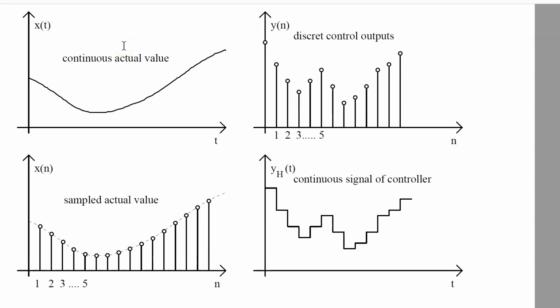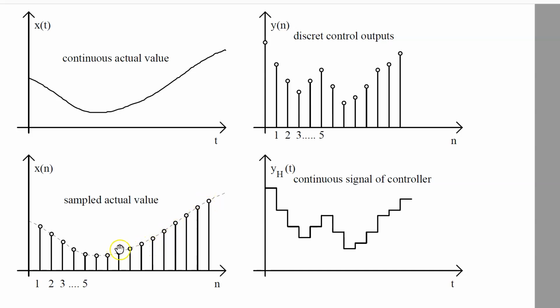Now, using my analog to digital converter, I can only sample values and convert them into a digital number at a time distance. This difference between both times, this delta t, is our sampling time. So the analog curve now is sampled and you get a series of digital values.